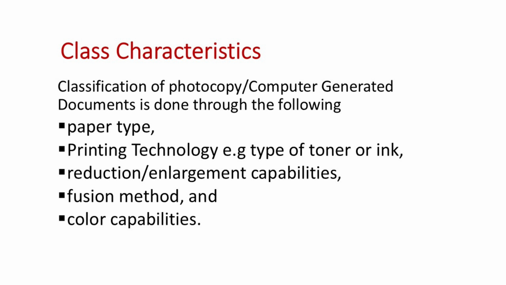And lastly, we are talking about printing technology. Not all machines, either photocopiers or computer printers, can print color. So for any document that has color on it, the machine used to produce it, either a photocopier or those multifunctional devices, must be a color machine.